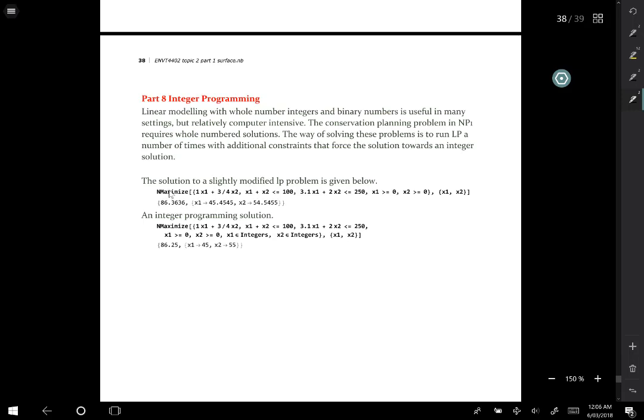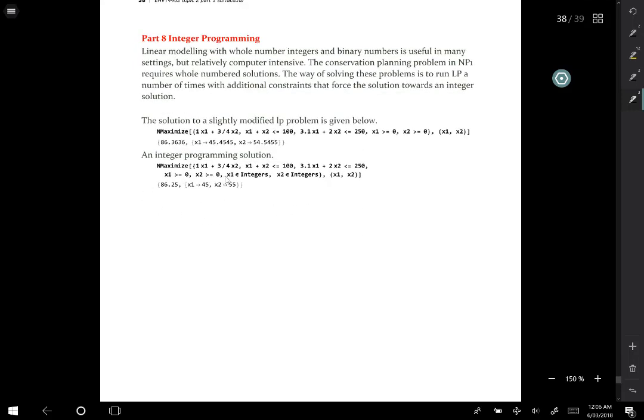So here we're using NMaximize again. We've got a linear programming problem here. You can see that the solution is not in terms of whole numbers, so you've got 45.45 and 54.54.